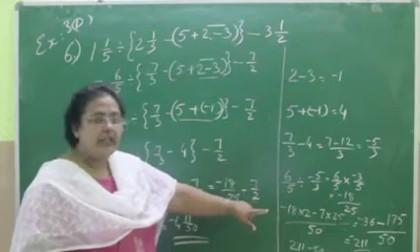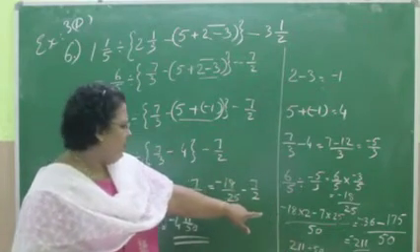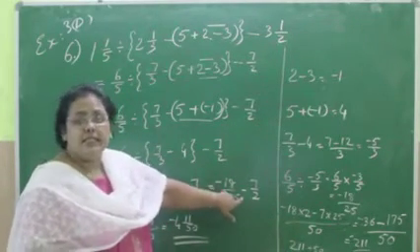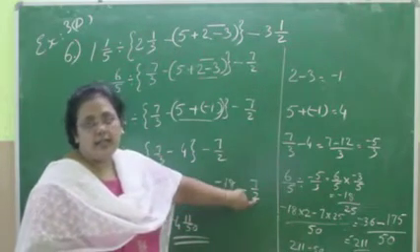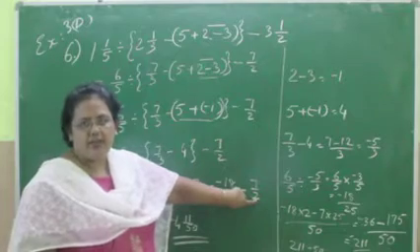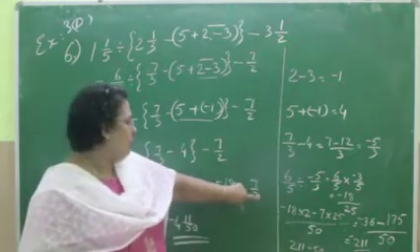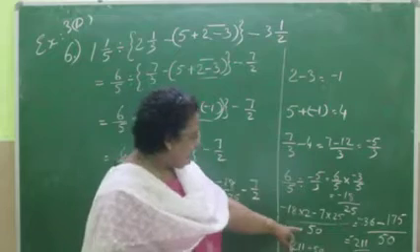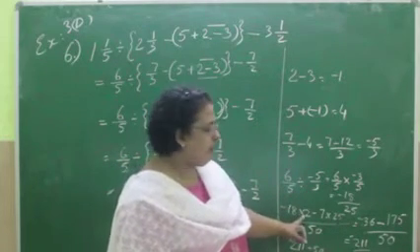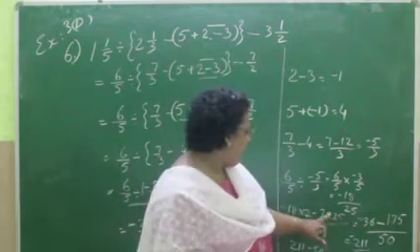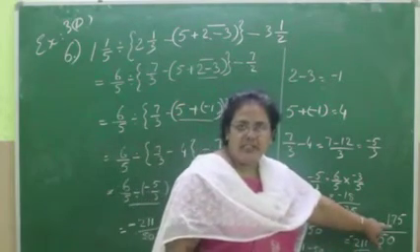Here you have to do the division, not division, sorry, you have to do the subtraction. How you did it? We have to find the LCM, make it into like fractions, and then you have to do the operation. So we got LCM as 50, then minus 18 into 2 you got as 36, then 7 into 25 you got as 175.